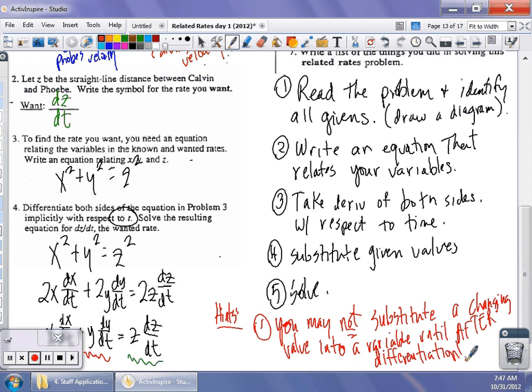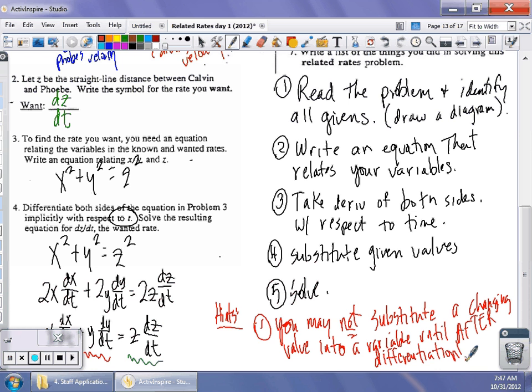Very, very important. And let me explain what I mean by that. It says you may not substitute a changing value. Well, what the heck is a changing value? Well, in this problem, Phoebe is driving, and her distance from the intersection is changing.